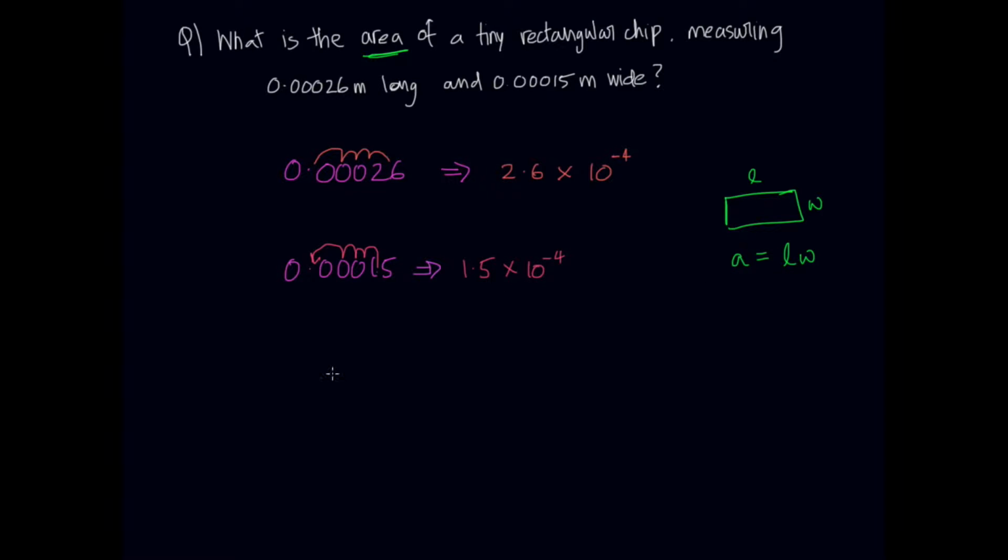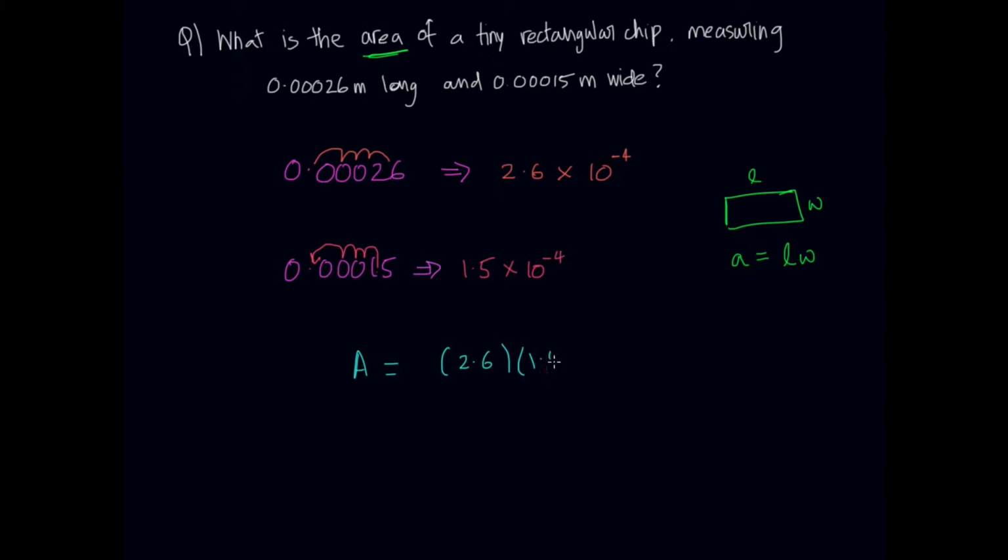So here I want to multiply these two values, but how I'm going to do this is first you want to just ignore the powers and just concentrate on the numbers. Okay, so the numbers we have are 2.6 and 1.5. So I'm going to say area equals. The first thing I want to do is 2.6 times 1.5.